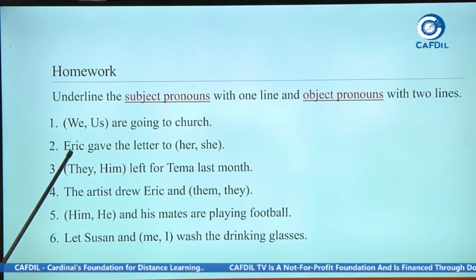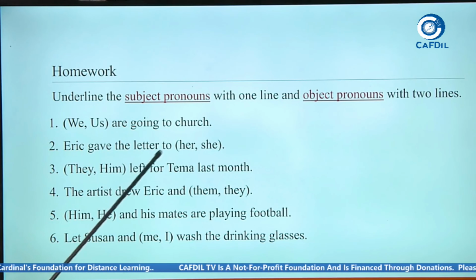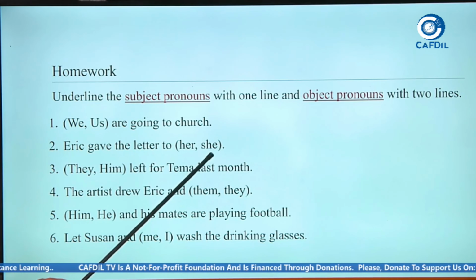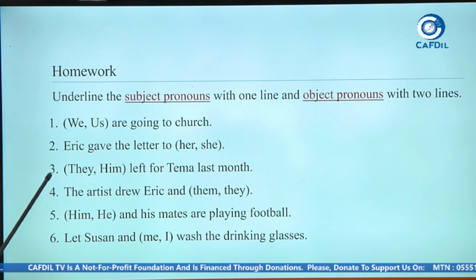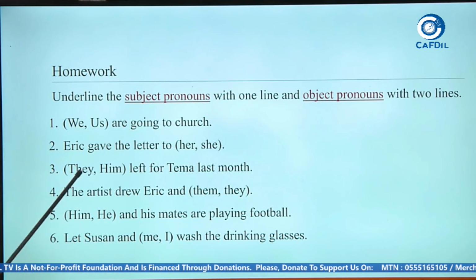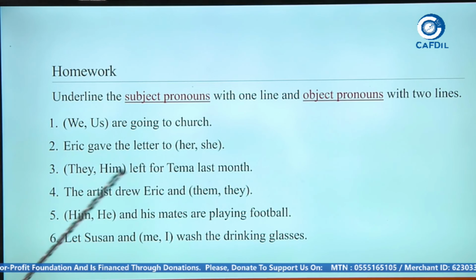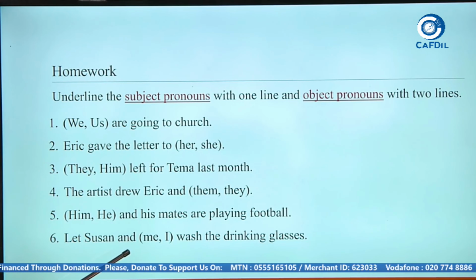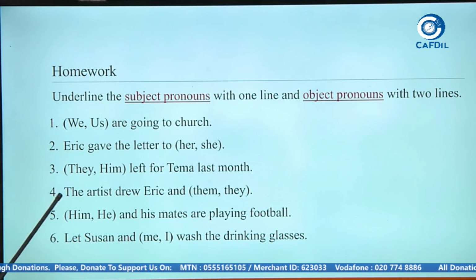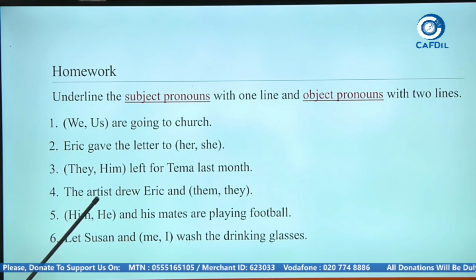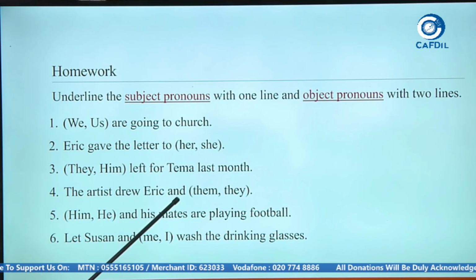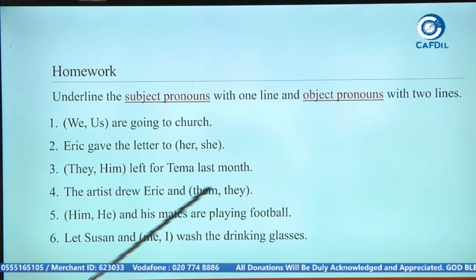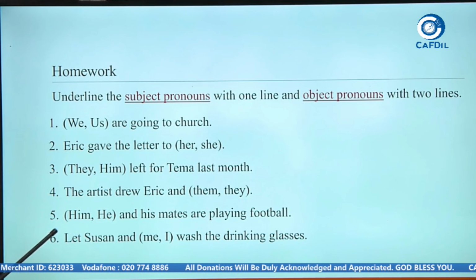2. Eric gave the letter to, in the bracket we have her and she. 3. In the bracket we have they and him, left for Tema last month. 4. The artist drew Eric and we have in the bracket them and they. 5.